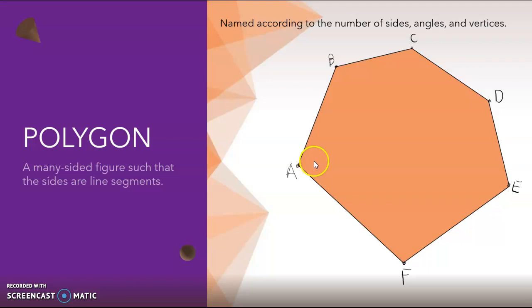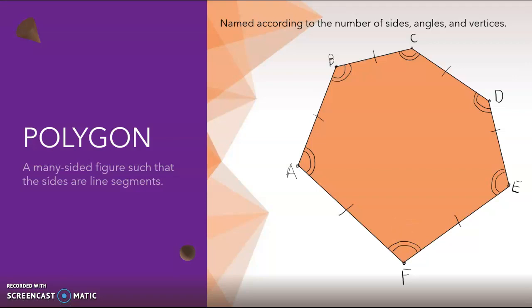Even if the sides do not look like they are the same length, or the angles do not look like they are the same size, if they are marked with the same markings, then we say they are equal in length or size.